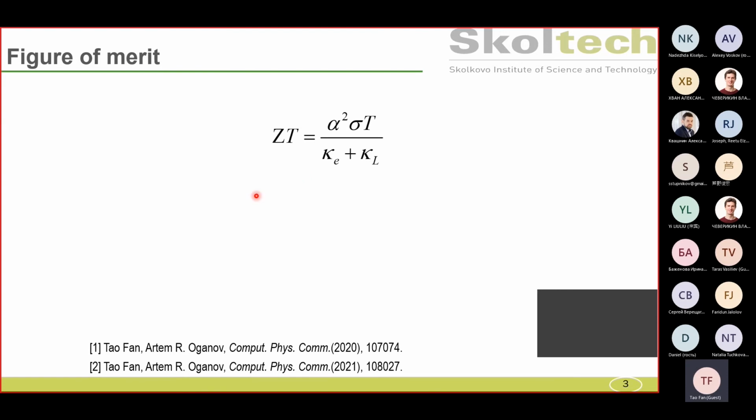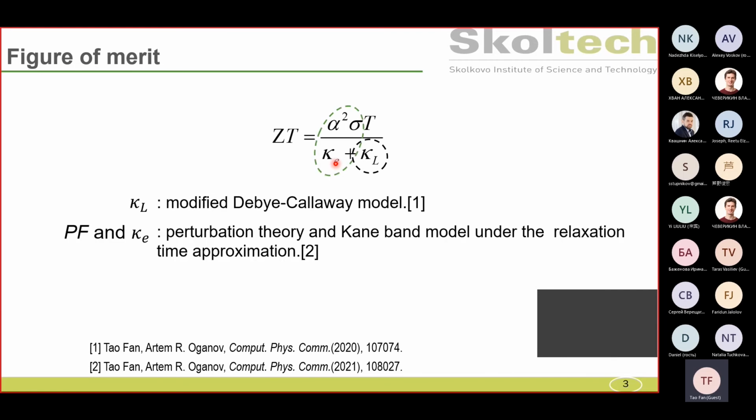So let's look at this formula of ZT. Generally, the variables that compose ZT can be divided into two parts: the phonon transport property kappa L, and the electronic transport properties alpha, sigma, and kappa E. For kappa L, I proposed the modified Callaway model, and for the electronic transport properties, I found they can be calculated based on perturbation theory and the Kane band model under the relaxation time approximation.